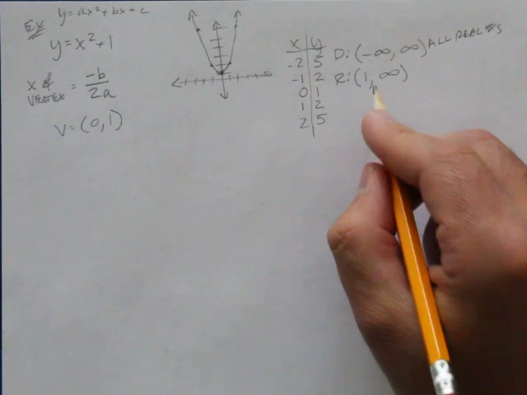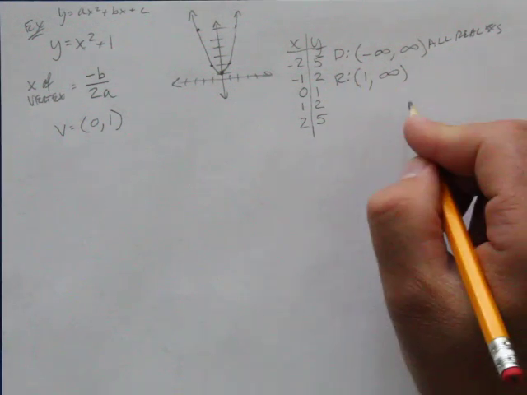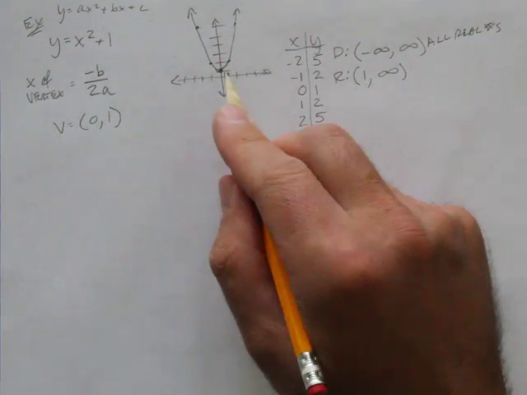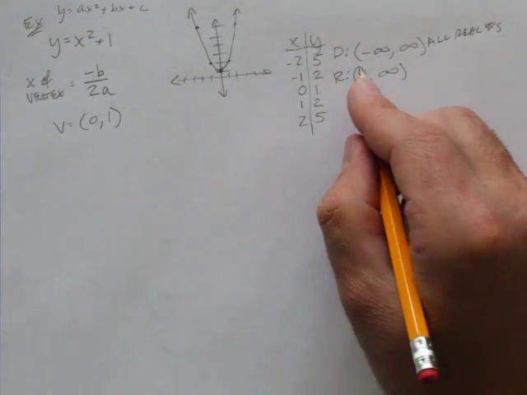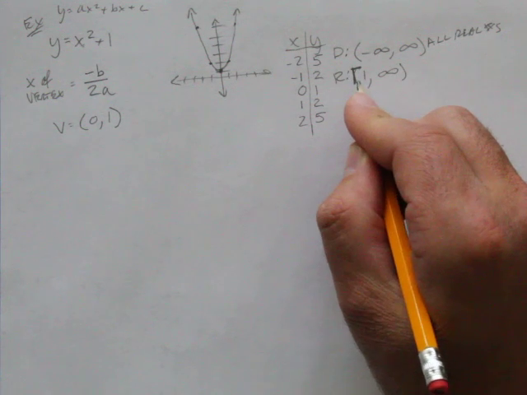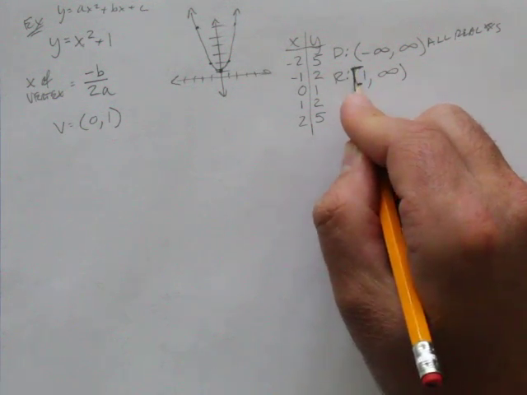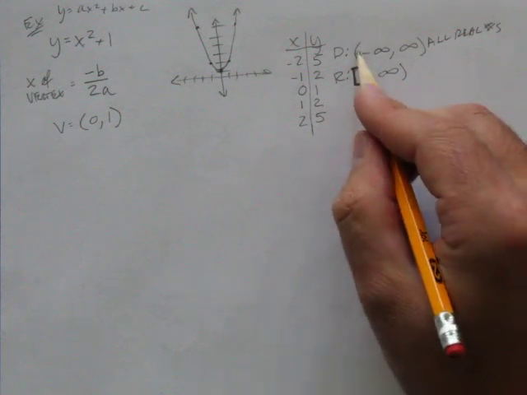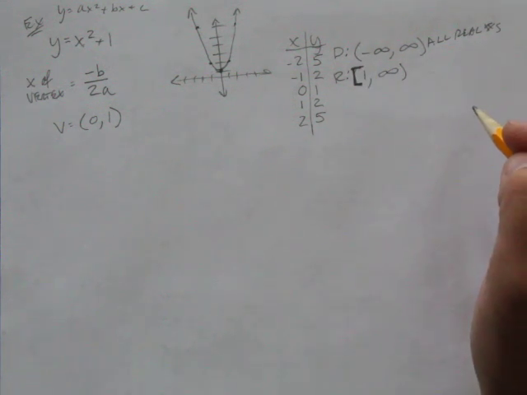Now, here's a new thing that we need to learn, and that are these brackets. 1 is included here. So if it is included, then we do a hard bracket. If it's not included, then we do a soft bracket. Or if it's infinity, we do a soft bracket as well.